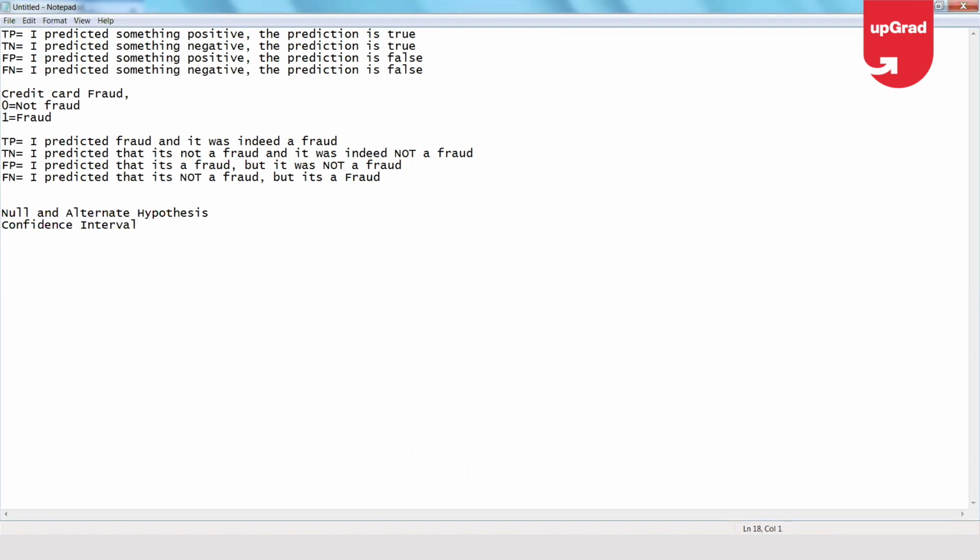We have learned about one-tailed and two-tailed tests, and we have learned about the confusion matrix. So we have learned all these things.